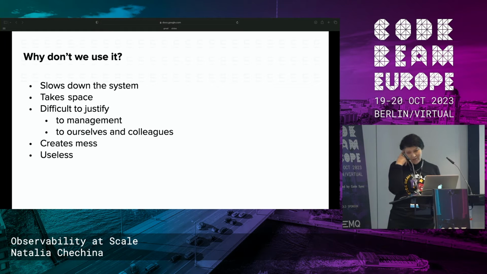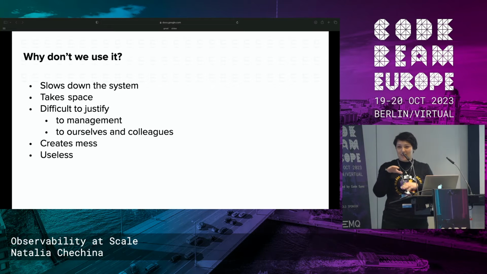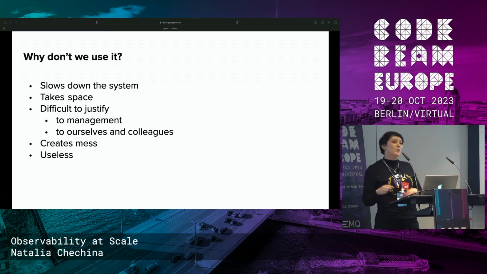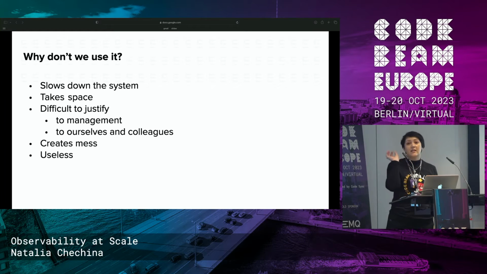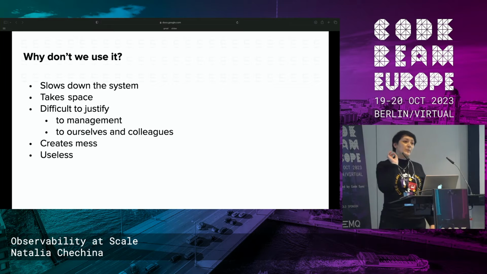But then, why don't we use it, right? So it all sounds amazing, and we should all have metrics in place, and they should all work, but we don't have them. And a lot of the stories I hear are that we put metrics in, our system doesn't perform as well as it used to before. We just removed everything, right? They sound amazing, they sound really good, but when you put them in, they don't actually work.